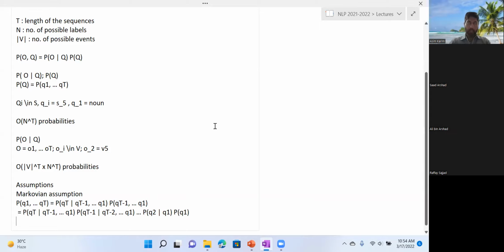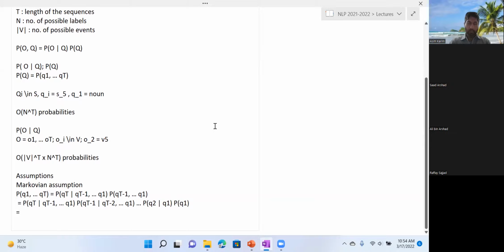If you do make that assumption, then this further reduces to the probability of Qt given Qt minus 1 only, and then, of course, the probability of Qt minus 1 given Qt minus 2, and then, of course, the probability of Q2 given Q1, and the probability of Q1.